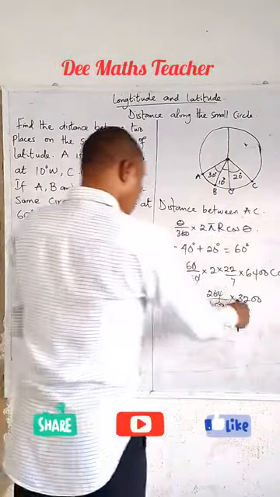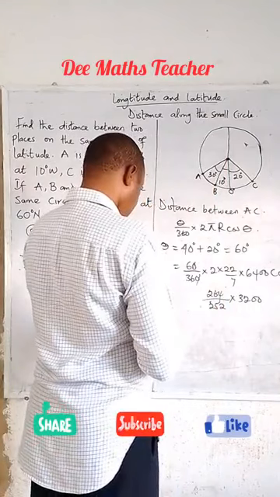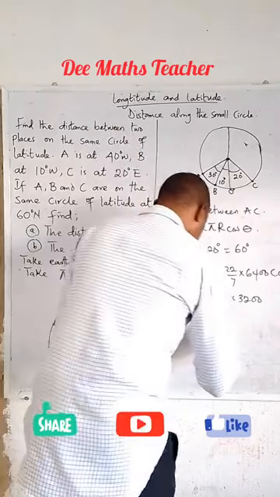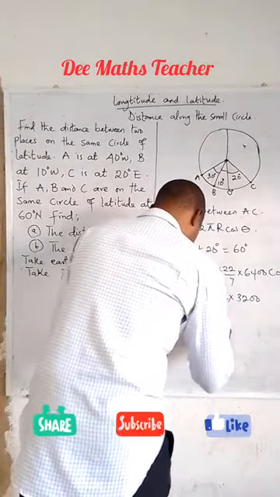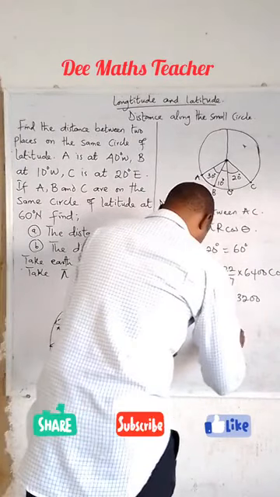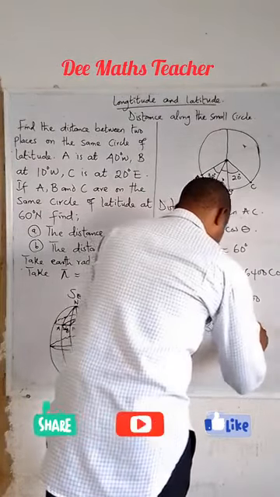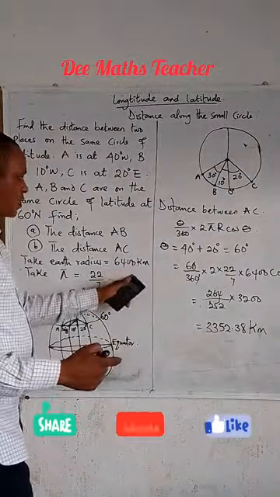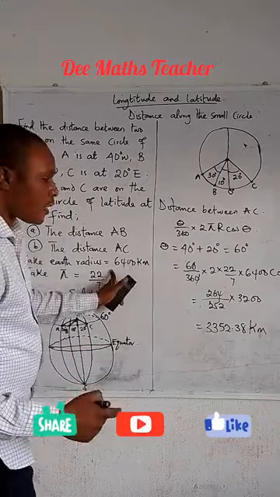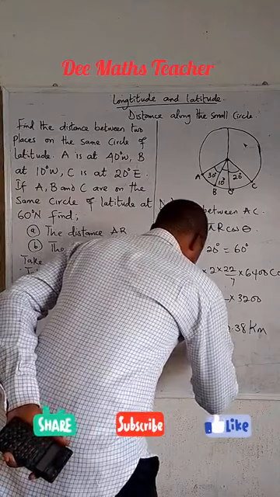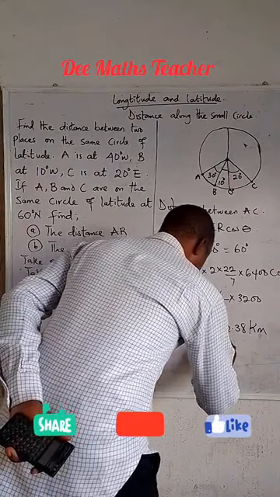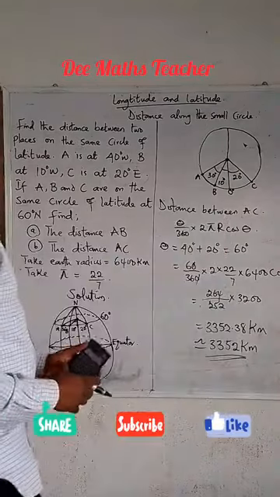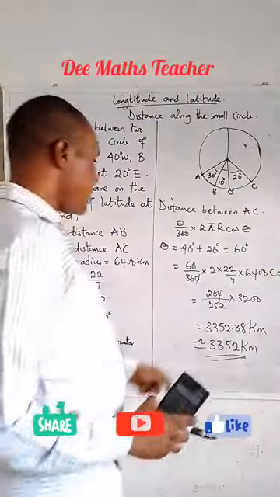So let's multiply this together, times 264, and divide. At this junction, we are going to have 3,352.38 kilometers. Just like what we did earlier, we adjust the distance to 4 significant figures, and we're going to have 3,352 kilometers.